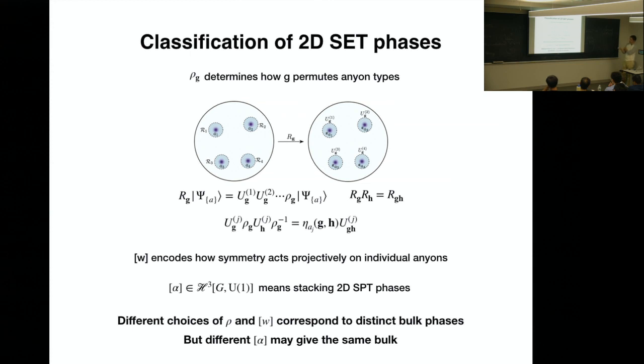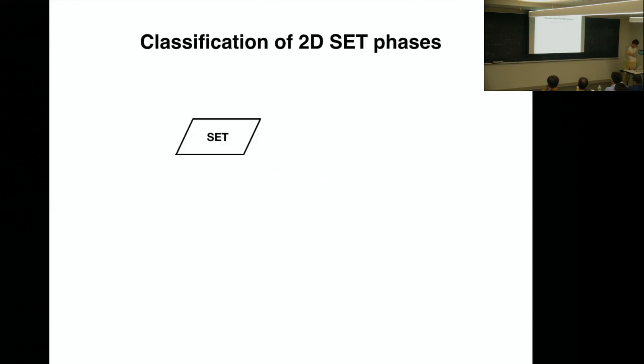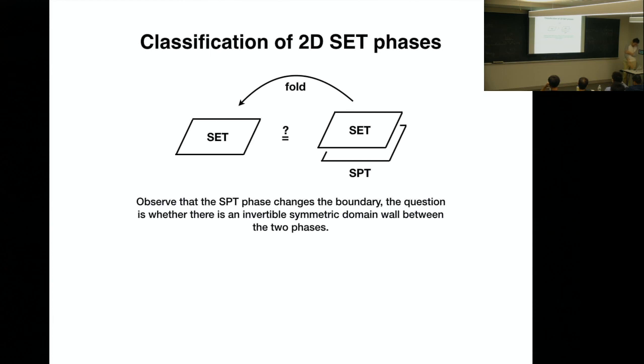But then a sort of well-known subtlety is that if you choose different alpha, different SPT stacked on the SET, that may actually give you the same bulk. Okay, but this is exactly the same problem that we just mentioned.